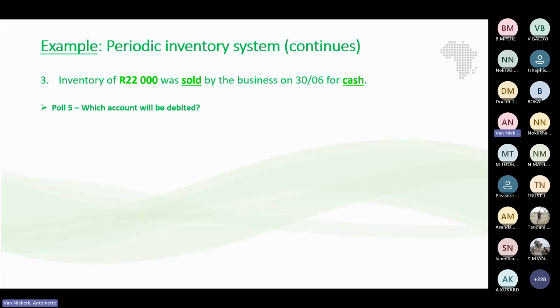The question is just now, did you receive money? Was there an inflow of cash or money or an outflow? And then remember, since it's the periodic inventory system, we do not use the inventory account. We use the sales or purchases account. Okay. Now poll number 5, which account will be debited?